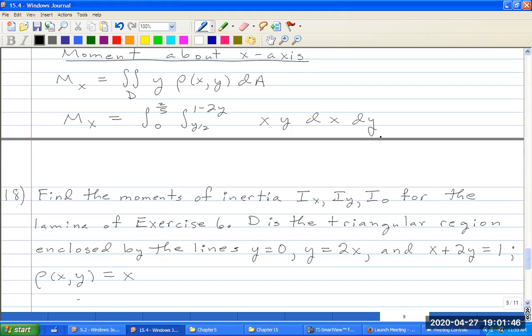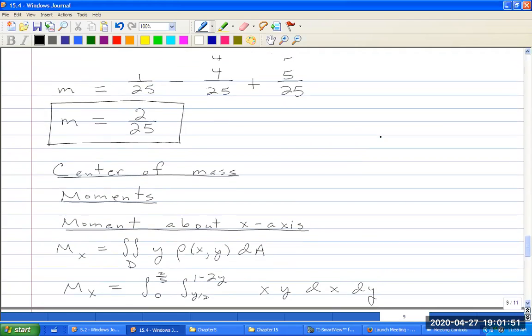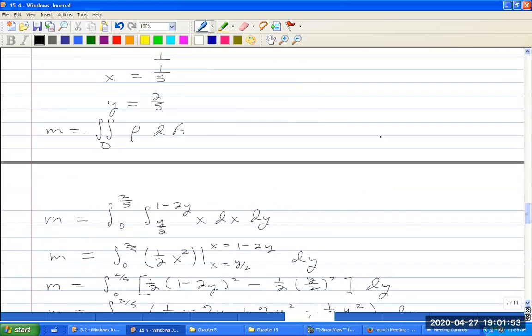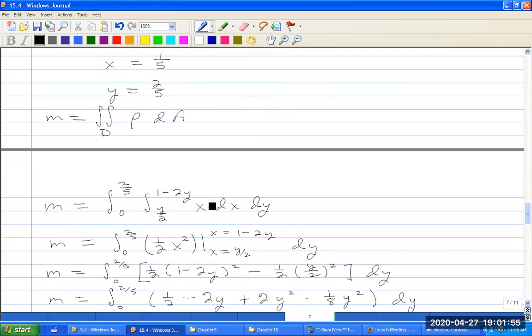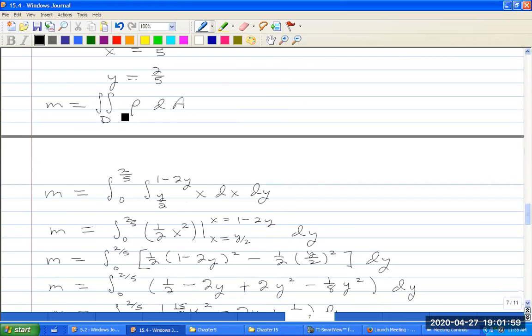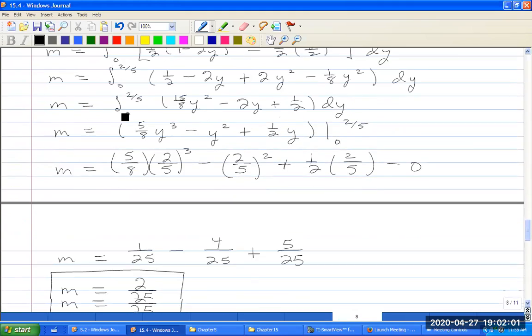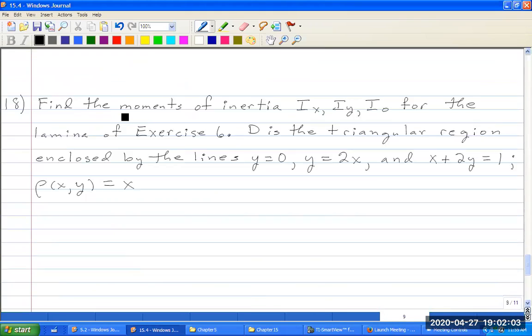So the only difference that I've made so far is I just put a y here. And it's the same thing. So let's integrate this.